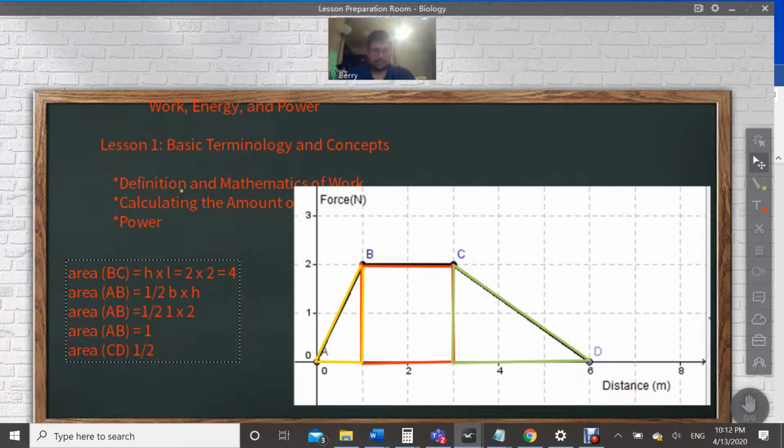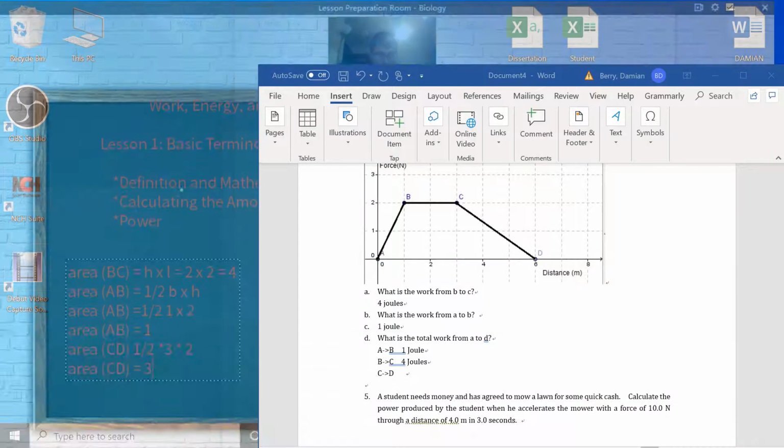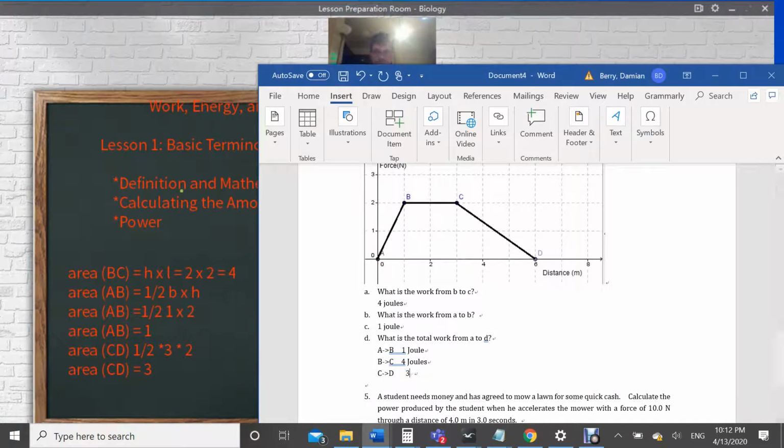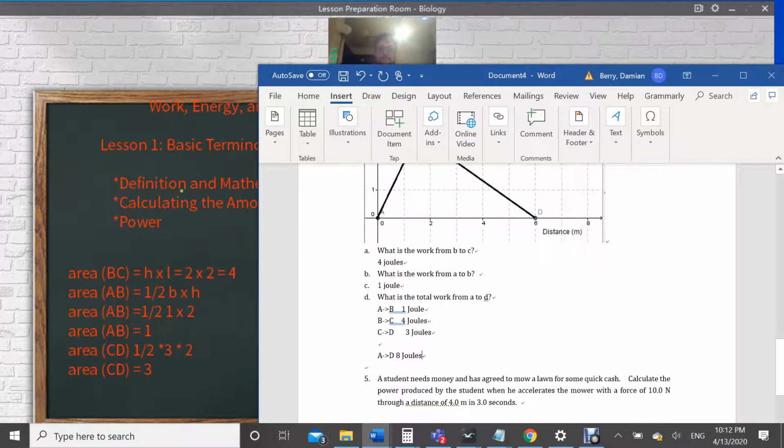The base is going to be 3, and the height is going to be equal to 2. The area of CD is equal to 1/2 times 2 is 1, times 3 is going to give us 3. So that's going to be 3 joules. Combining together, that's going to give us A to D is 8 joules. There's our answer. Excellent.